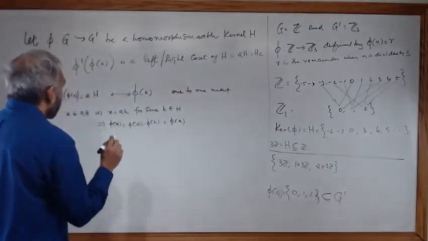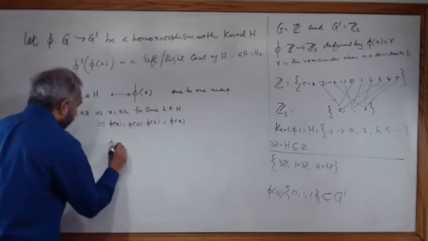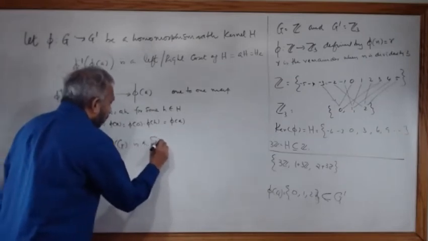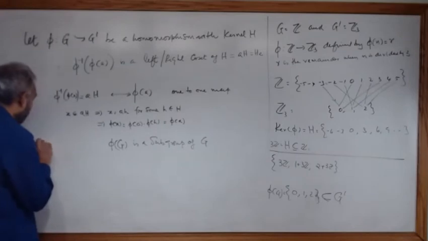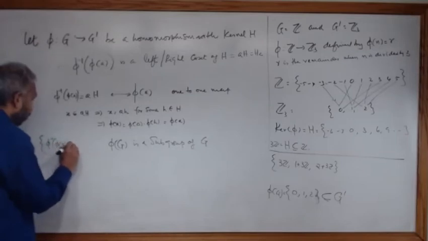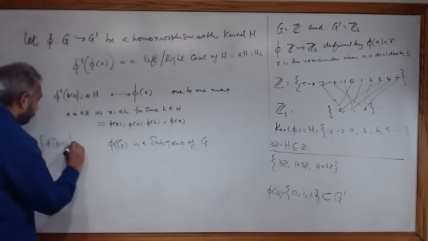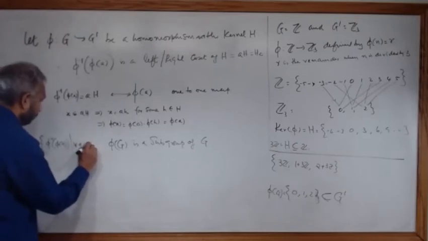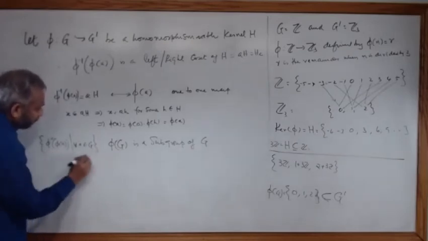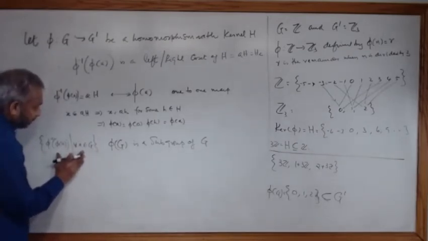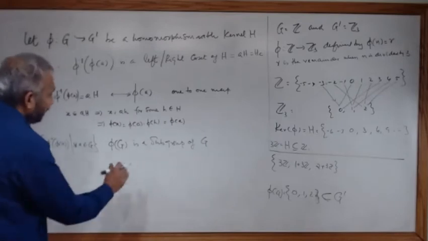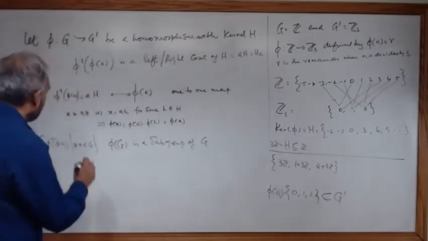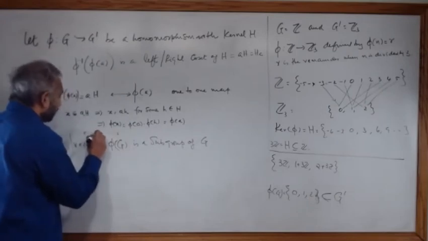So phi of G is a subgroup of G prime, and we have a collection of all the cosets of H. The elements of this set are subsets of G, and this one is actually a subgroup, meaning there is a group structure here, and there is a bijective map from here to here, and that is our mu.